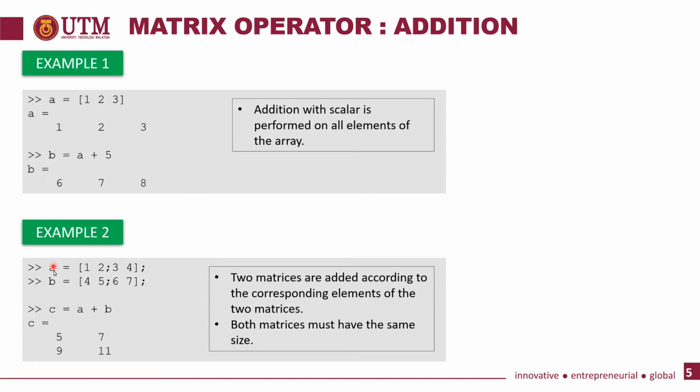You must be aware that if you want to execute an addition statement inside the matrix operator, you need to have matrix A and matrix B with the same size, except for a scalar. A scalar is like a single number. When a single number is added to a matrix, you can still execute that operation. But if the two matrices have different sizes, you cannot add them.